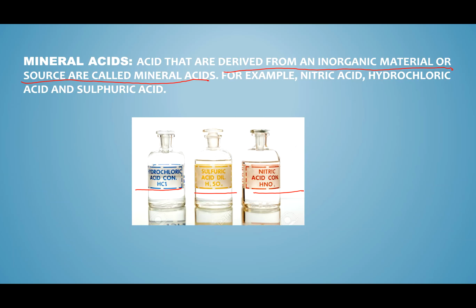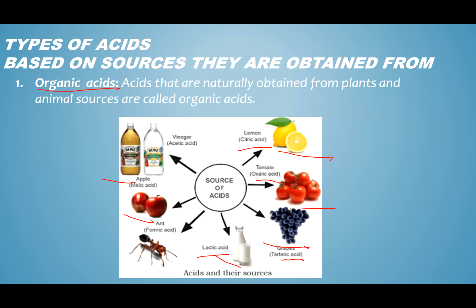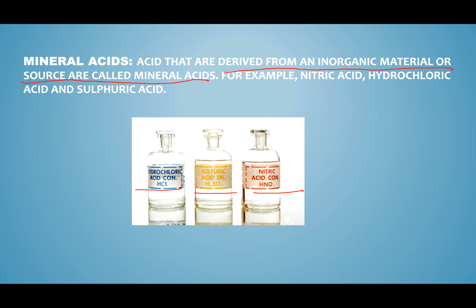You can't taste these because these are very strong acids. On the other hand, organic acids are very weak acids. As we eat all these fruits and vegetables, they don't harm our body, so they are also known as weak acids. Mineral acids are very strong acids, so never try to touch them with your fingers or taste these acids.